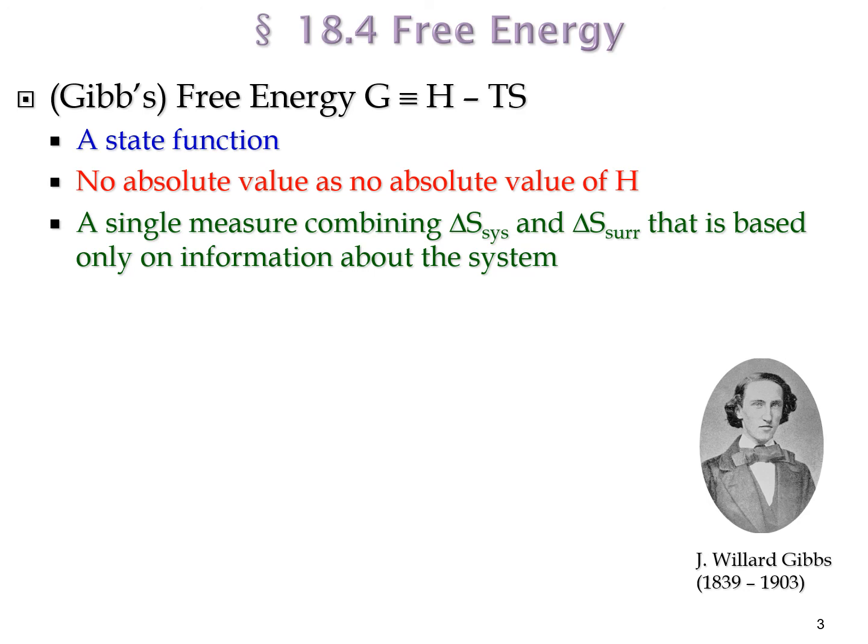And by having G, the free energy, it becomes a single measure by combining this delta S of system and the delta S of surroundings, based only on the information we obtain from the system. Meaning we do not have to worry about what's going on in the surroundings. We do not have to worry about what's going on in the universe, which is these two combined. All you have to do is focus on the system.